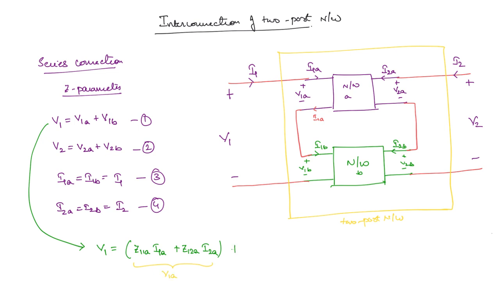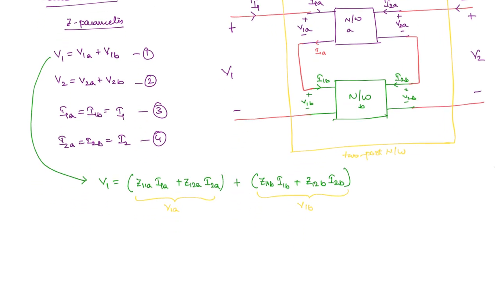Next, what about V1B? V1B you are going to get Z11B. Now we're talking about the B network. So the same equations, but the subscript instead of A you will have B. So Z11B into I1B plus Z12B into I2B. This is for V1B. But we know that I1A and I1B, they are both equal and equal to I1.